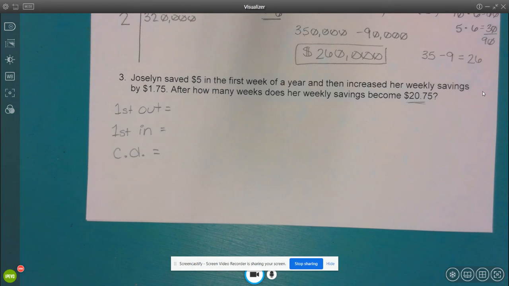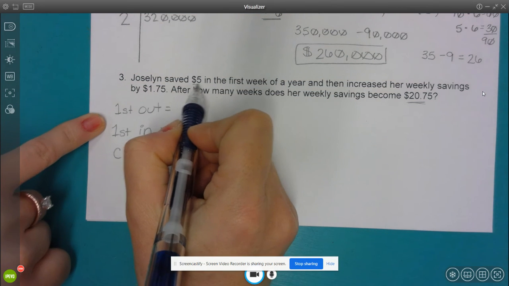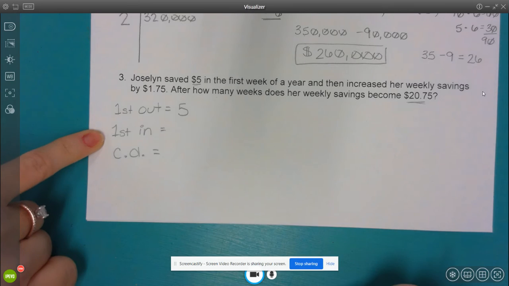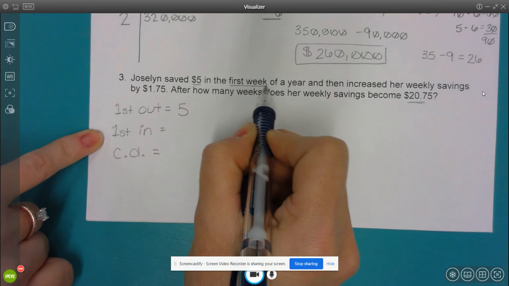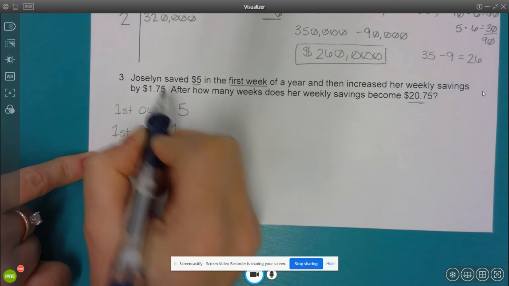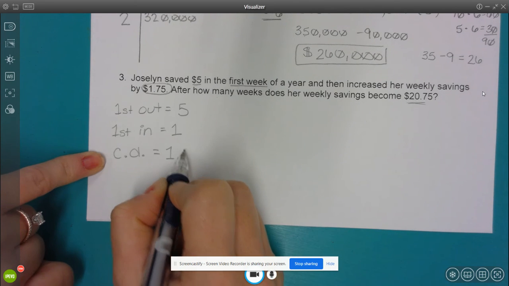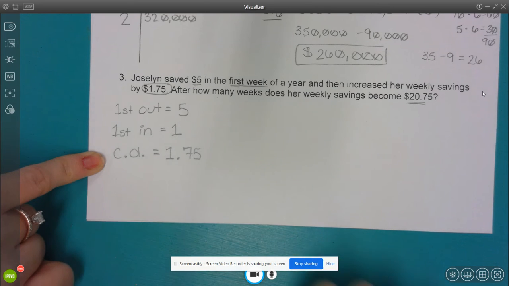So I can find my first input, my first output, and the common difference. My first output is how much money she has at the beginning, so that's $5. It's the first week, so that means my first input is 1, and she's increasing her weekly savings by $1.75.